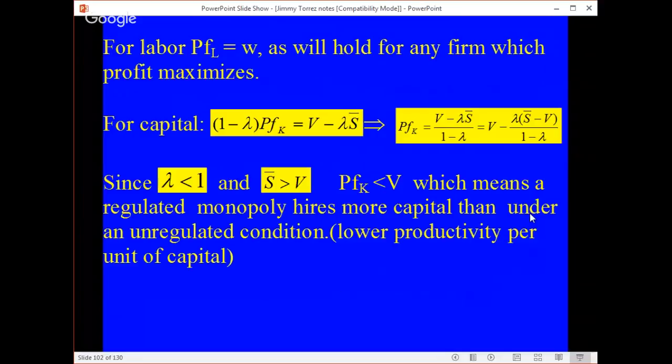But in this case, it's going to be less than the cost of capital, which means in a regulated monopoly that gives you a required rate of return, or a minimum rate of return, X, the monopoly ends up having more capital than it would otherwise. And that's considered inefficient.